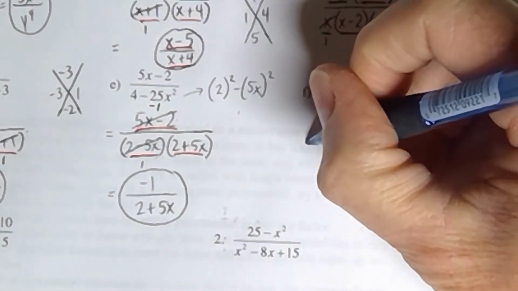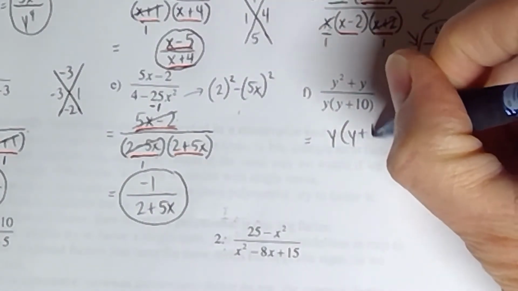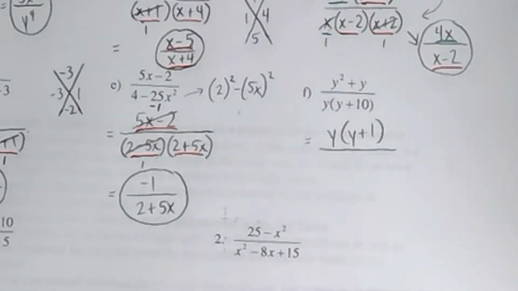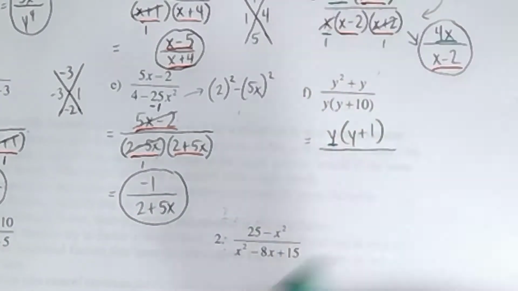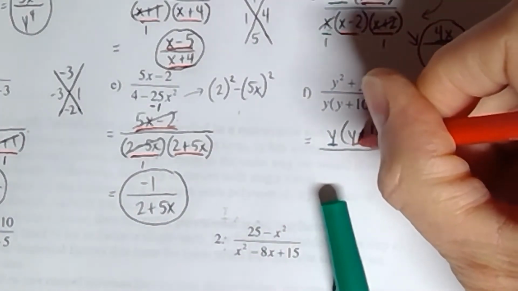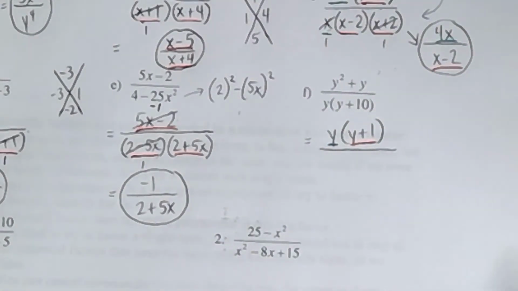Problem F. The top here has a GCF, I factored it out right there. That is what? That's a green one and a red one, because GCF times bracket means green times red. Now notice on the bottom, it looks like they already factored it for us.